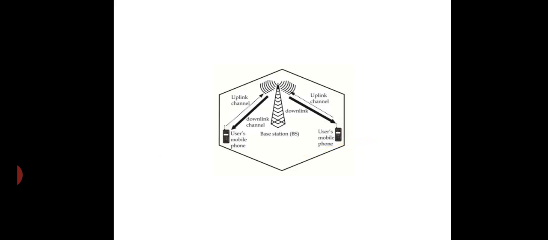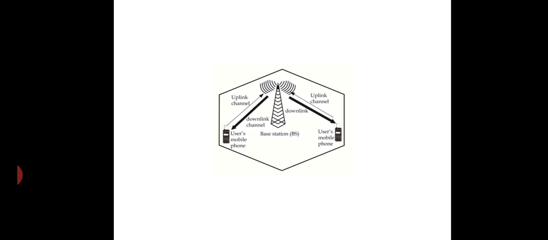So by this figure we can call it a base station. The base station is connected with all the mobile users. It communicates with the antenna, and the user's mobile also has a transceiver antenna, and they connect through radio links.